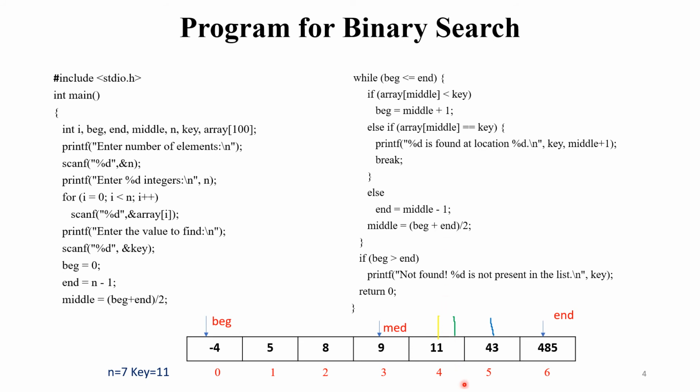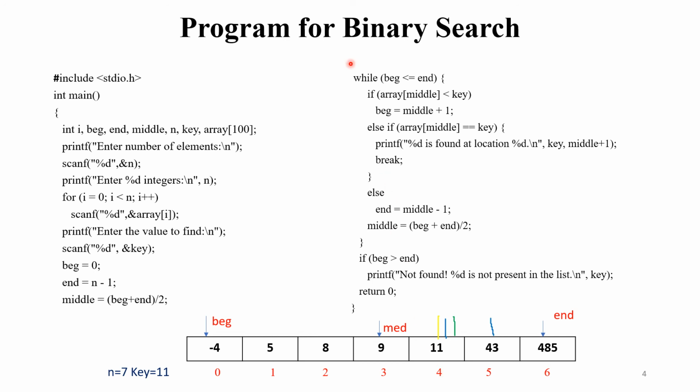So now we got our middle element, that is 4. So here our beginning is 4, the middle element is also 4 and end is also at the 4 position.